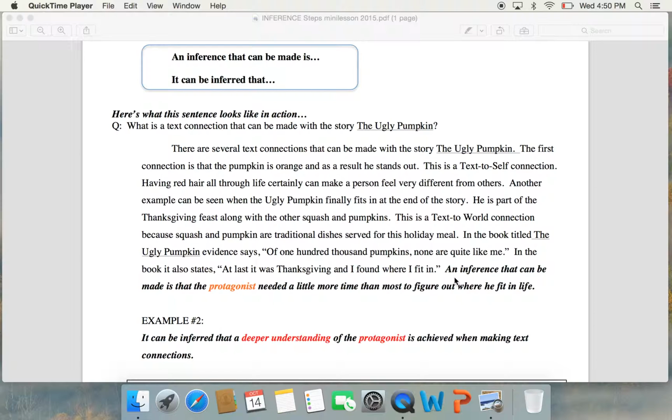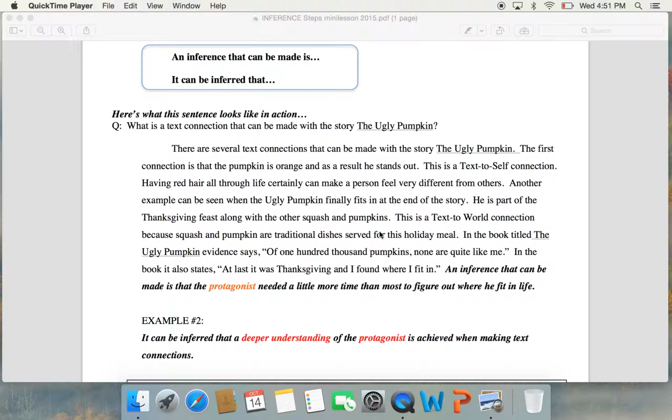So here's that next step, and I chose the sentence starter, an inference that can be made. So here's what I wrote. An inference that can be made is that the protagonist, ugly pumpkin, needed a little more time than most to figure out where he fit in life.